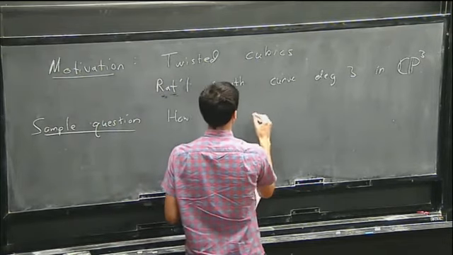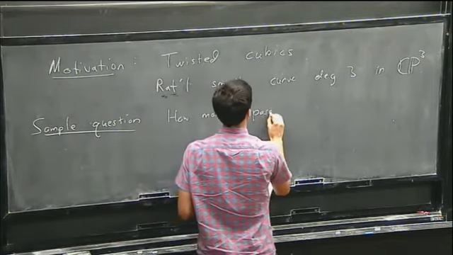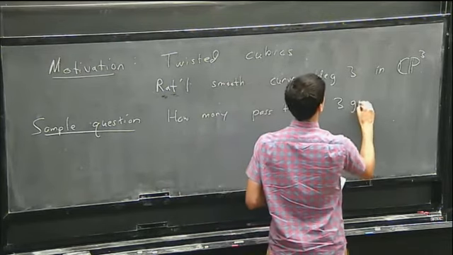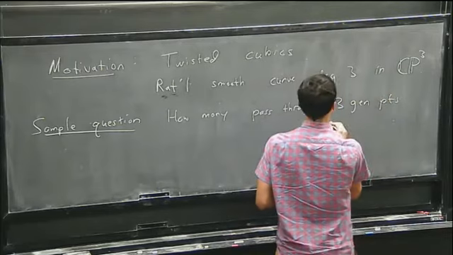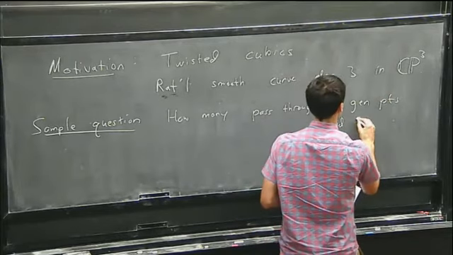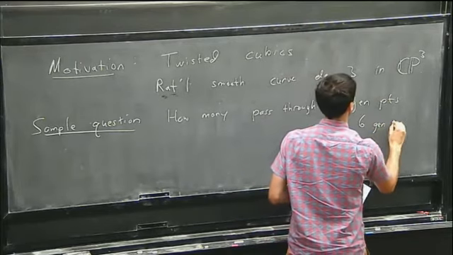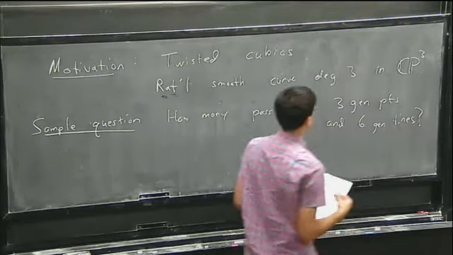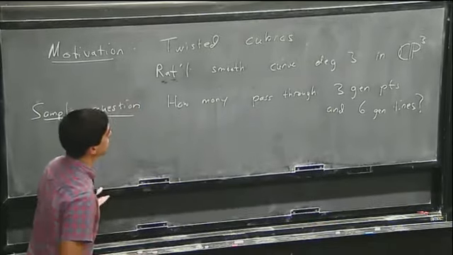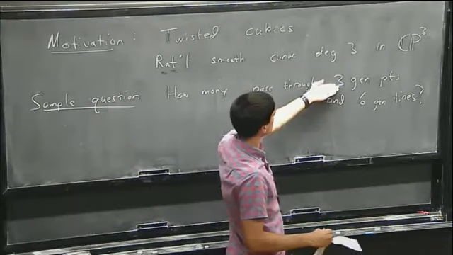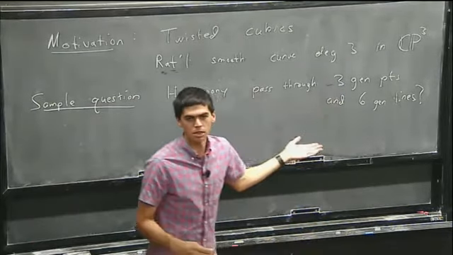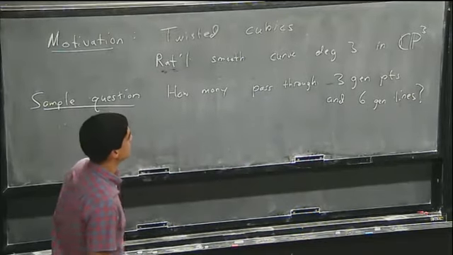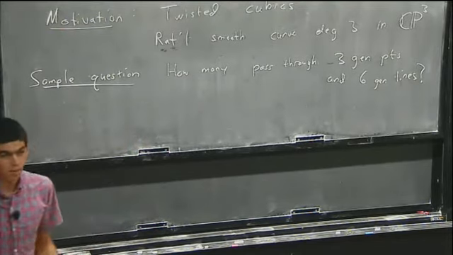How many of these things pass through 3 general points and intersect 6 general lines? If you hand me 3 random points and 6 random lines in P3, how many twisted cubics hit all of them? And the answer will hopefully be a finite number.